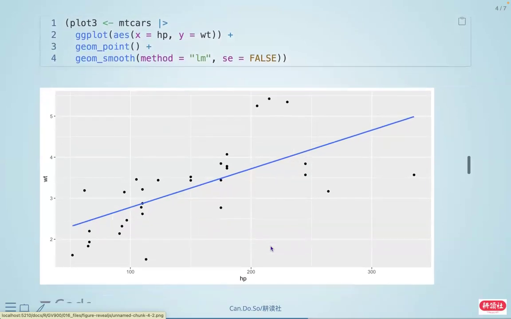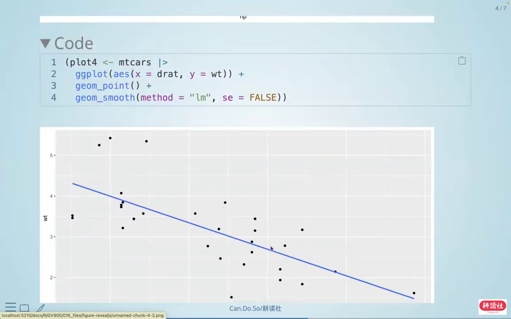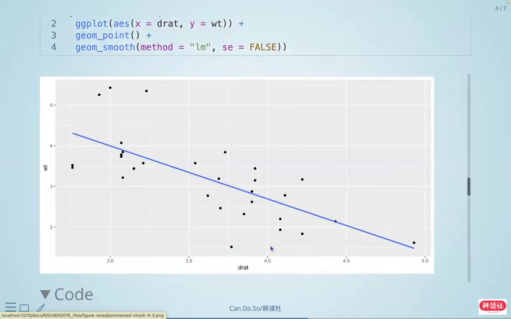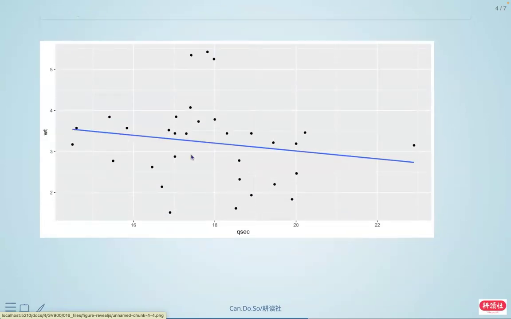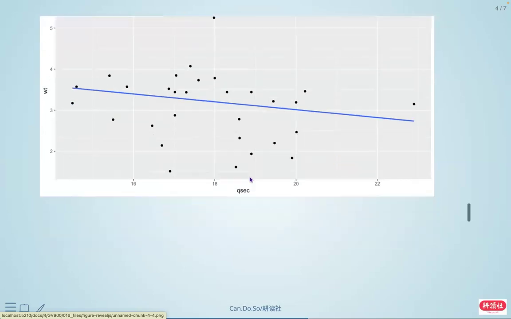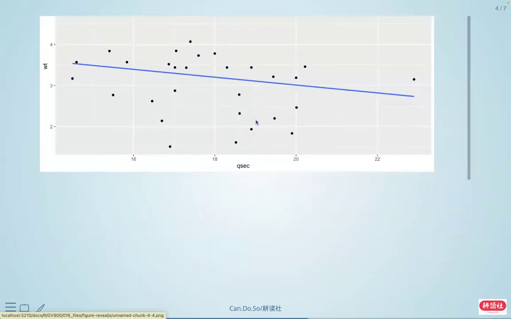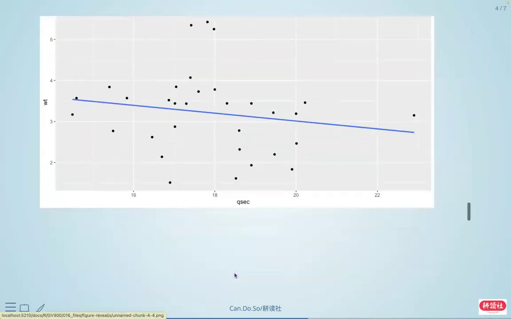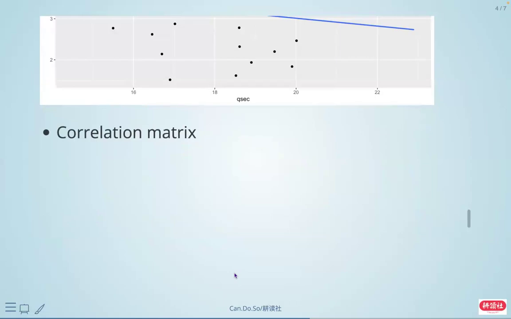So I guess this will not be as strong as the previous one. And this one is negative. We can see the points are quite far away, so it's quite weak. Even so, we will suspect their correlation, but we can test it later.